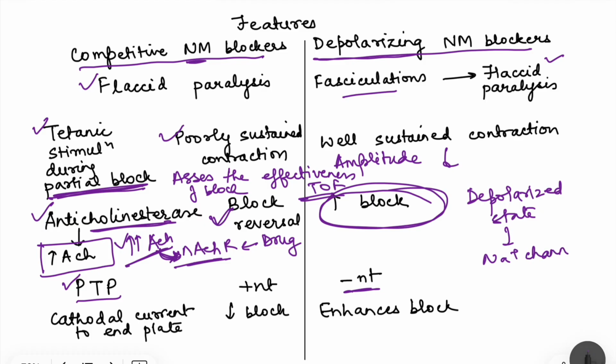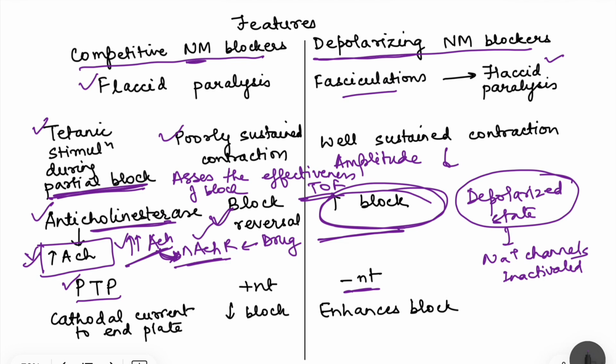Sodium channels are inactivated. So now if you add anticholinesterase, that is, you are increasing acetylcholine, then there will be a more depolarized state. It will stimulate this N-acetylcholine receptor more, more depolarized state, more sodium channels will be in an inactivated state. So that is going to increase the block or augment the block. Right? So those are the features of competitive neuromuscular blocker and depolarizing neuromuscular blocker, which we see at the muscle membrane.